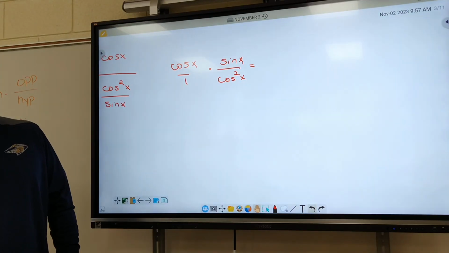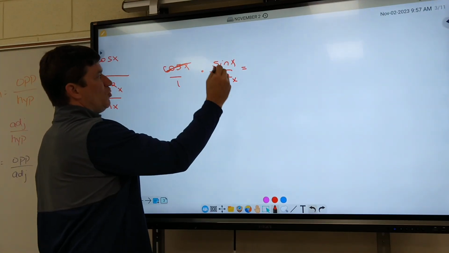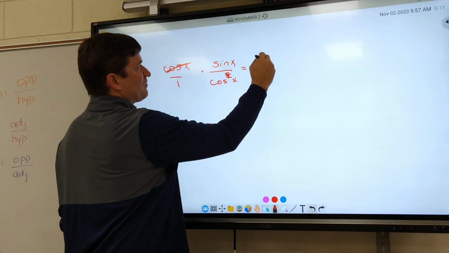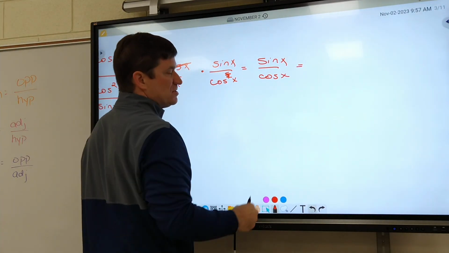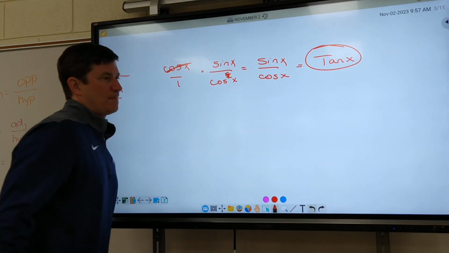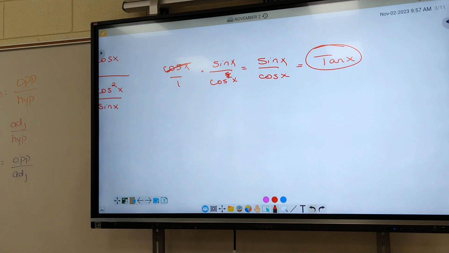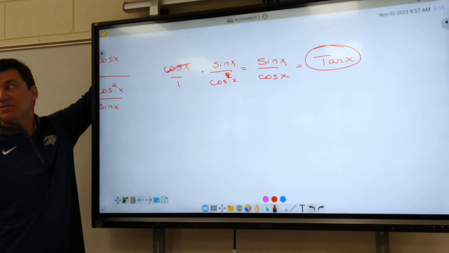What cancels out? 1 cosine here and just 1 cosine here. So I'm left with sine on top and cosine on bottom. That changes into tan x. All right, that is one of the harder problems on the test. You can skip some steps, but show me enough where I know that you know what you're doing.